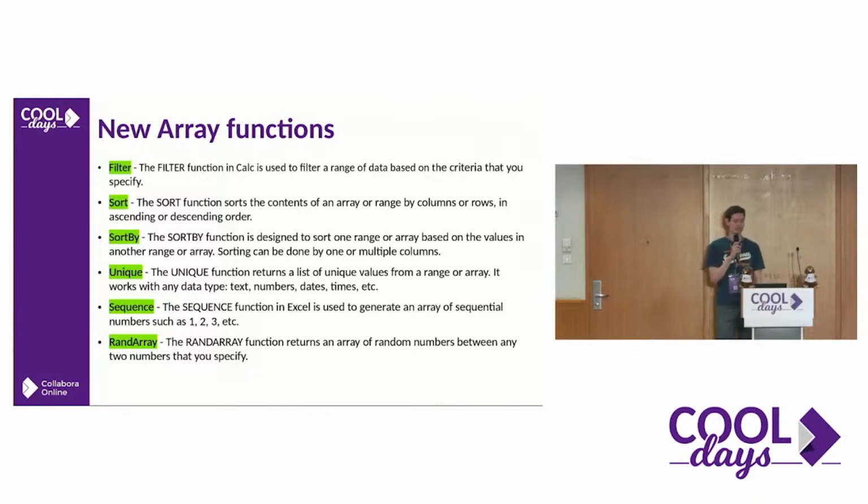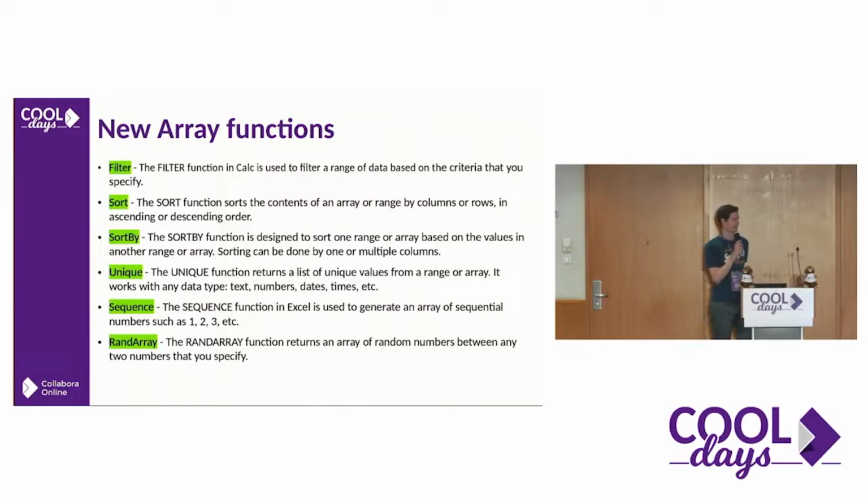The sortby function works on a similar basis, but in sortby you can sort by values in a different range, and you can apply that sort on another range in the spreadsheet. The unique function extracts a list of unique values from a range or array. The result is an array of unique values.